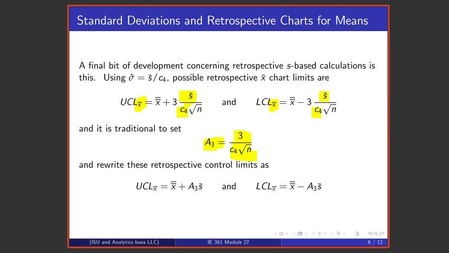And if one does that, you can write retrospective control limits for X bar based on an average standard deviation rather than an average range as X double bar plus A3 S bar, X double bar minus A3 times S bar.